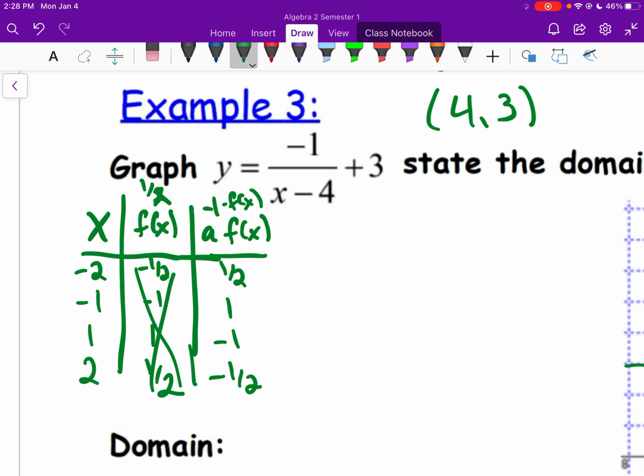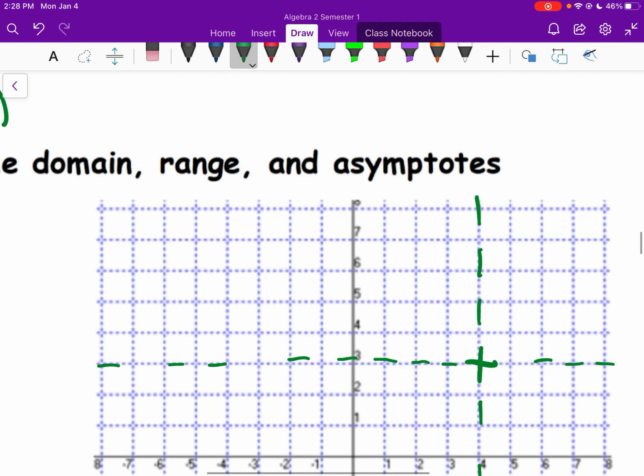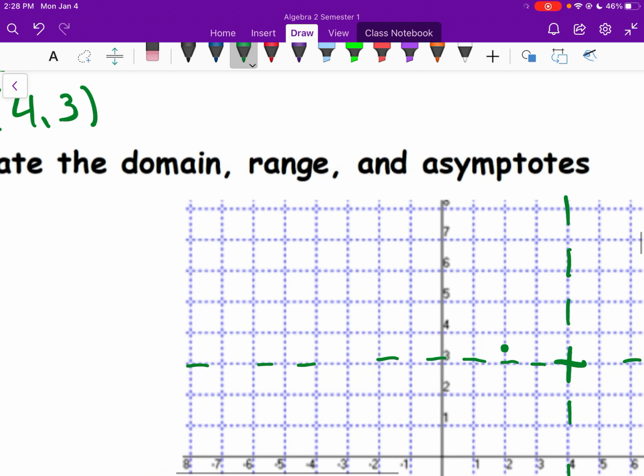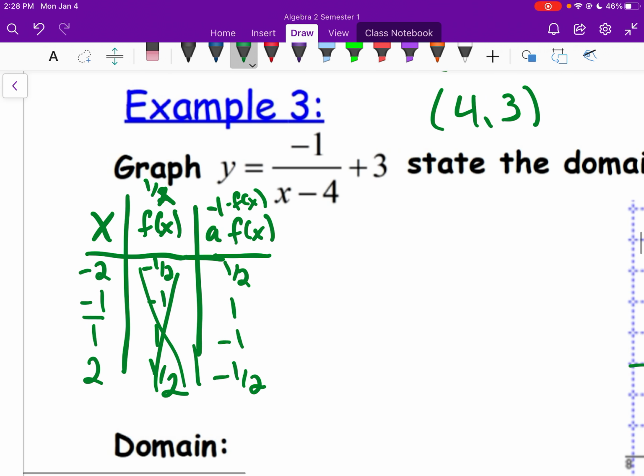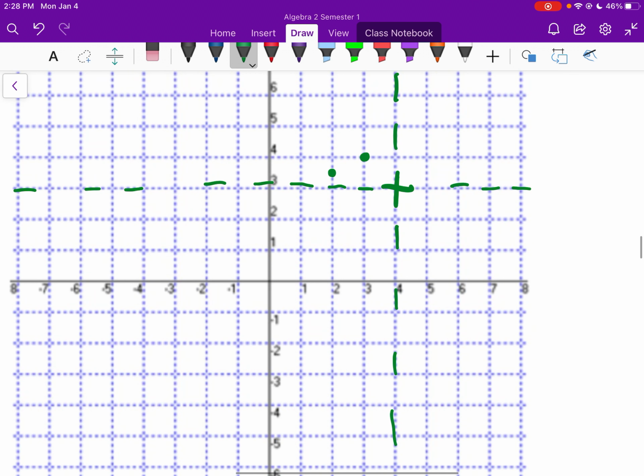Okay, ignoring that middle column, -2, 1/2, that's saying left 2, up 1/2, left 1, up 1. And I don't even need to go back to my table, because if I went left 1 and up 1, that means I can go right 1, down 1. Okay, left 2, up 1/2, right 2, down 1/2.